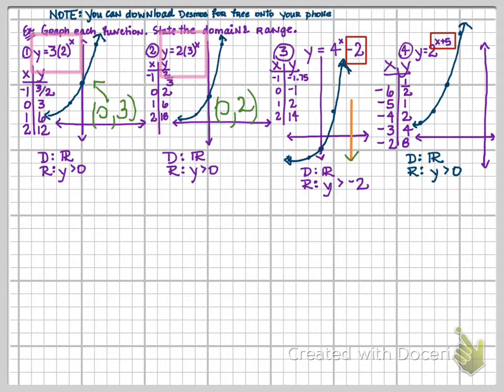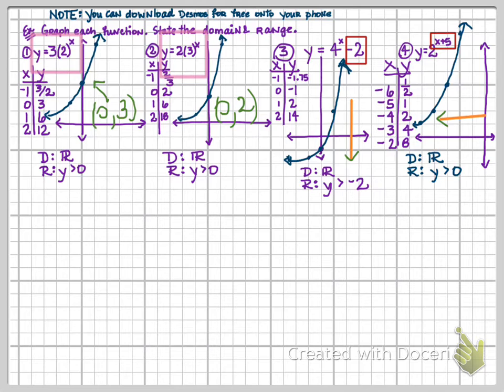In number 4, we have moved to the left exactly 5 units. That's what that's all about. And I wanted you to see that in an example.